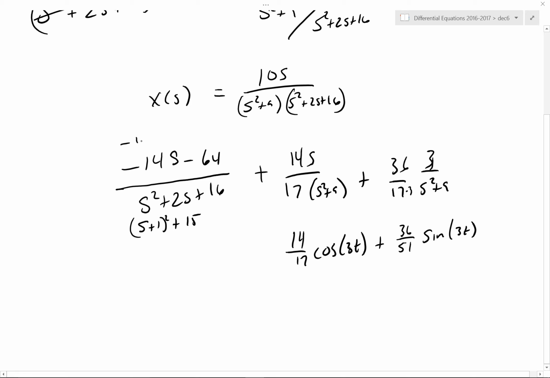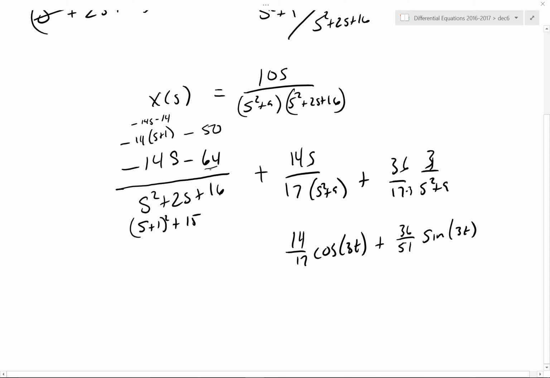Which means that on top, you're going to have negative 14 times (s plus 1), like we did on the quiz the other day, which if you multiply that through, it's negative 14s minus 14. Well, negative 14 plus what is going to have to be this negative 64 that I have going on right here? And it would have to be minus 50, yes?